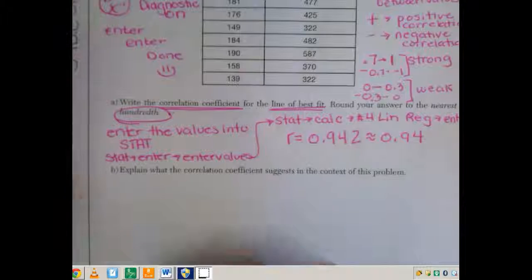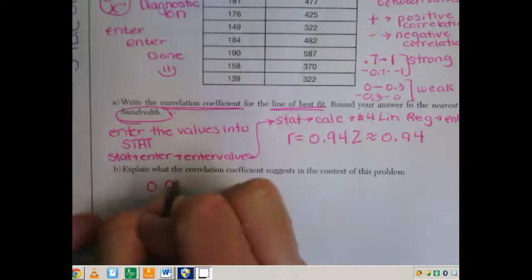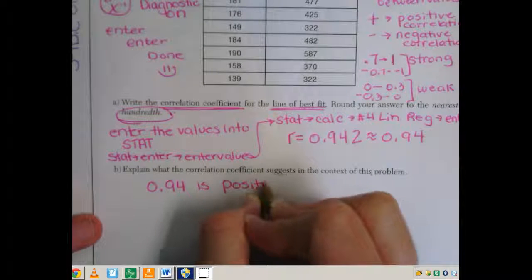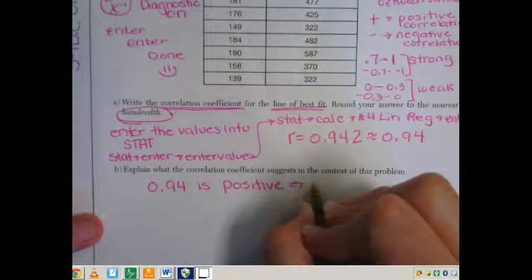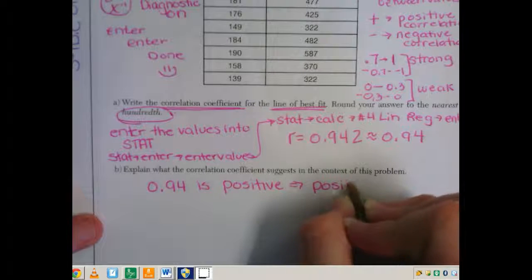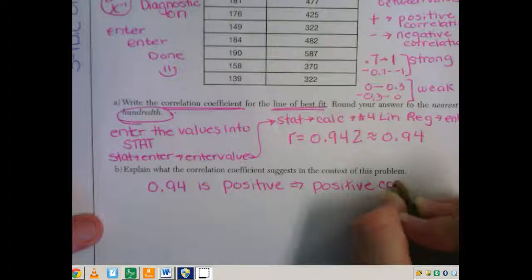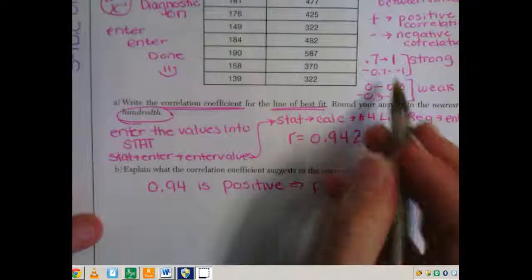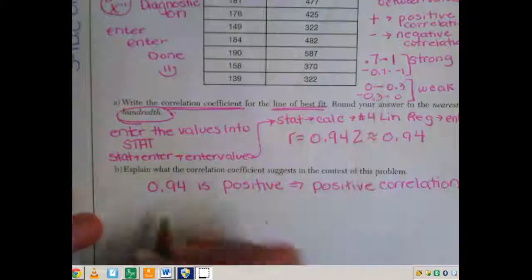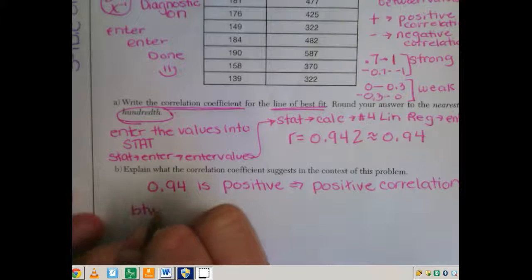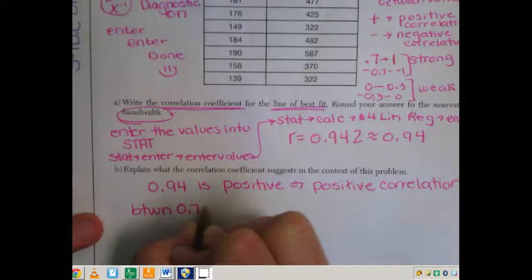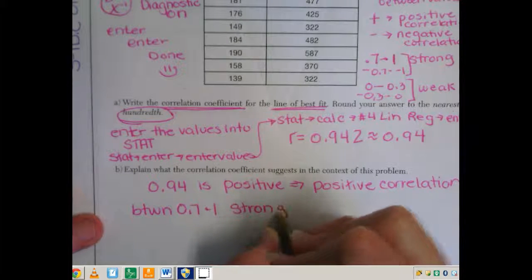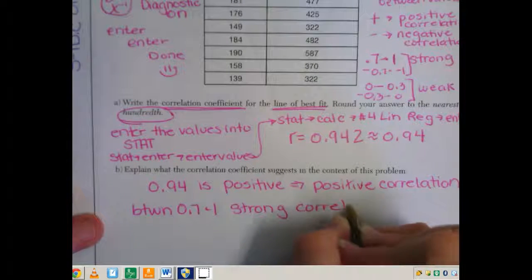Okay. Well, because 0.94 is positive, we know that it's going to have a positive correlation. And then, because it's between 0.7 and 1, we know it's going to have a strong correlation. Okay?